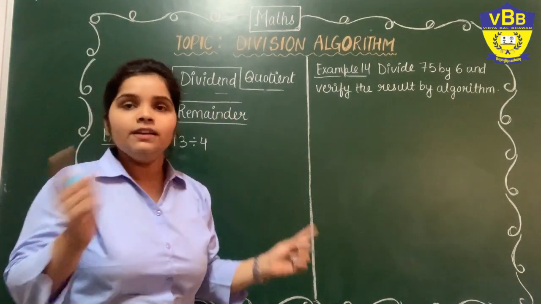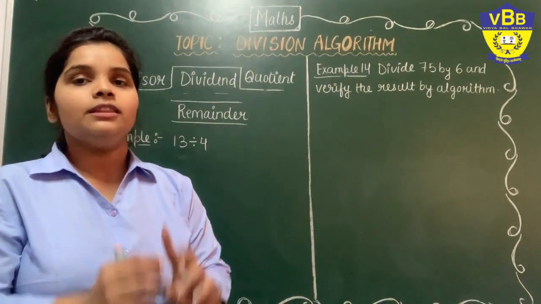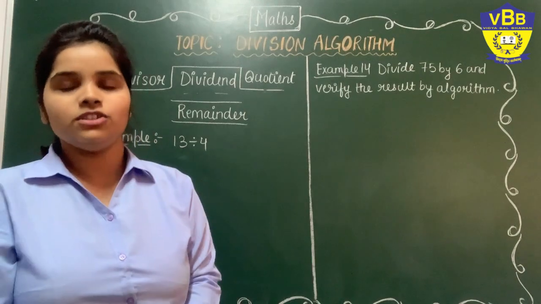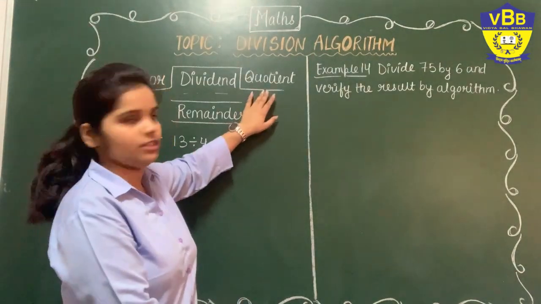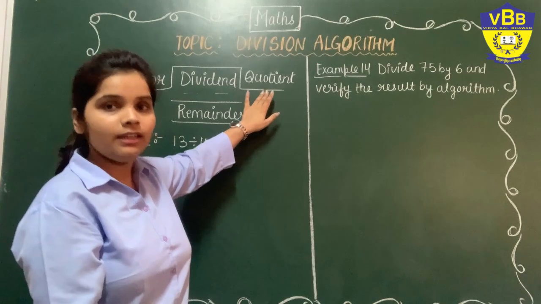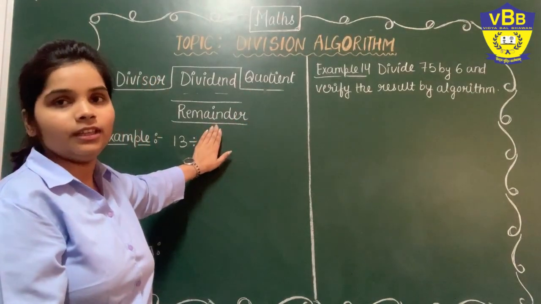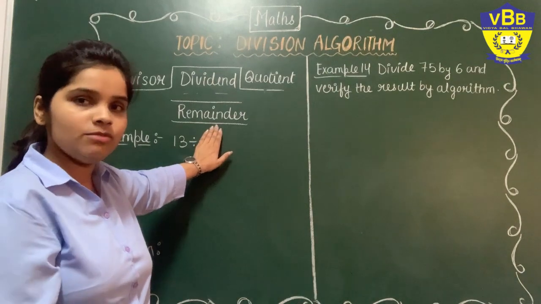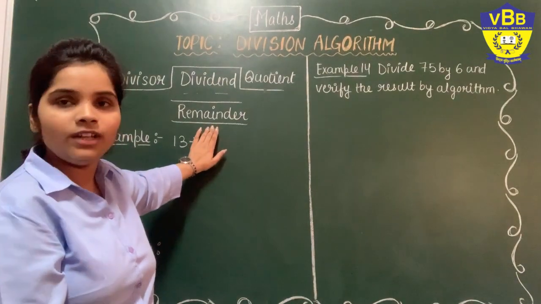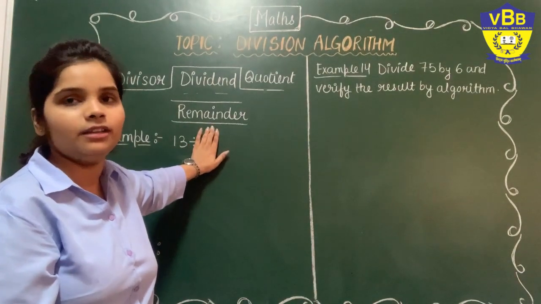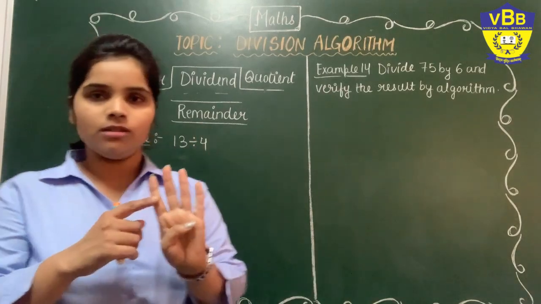The result of the entire division process is called quotient. And the number left at the end of the division process is called remainder. These are the four terms.